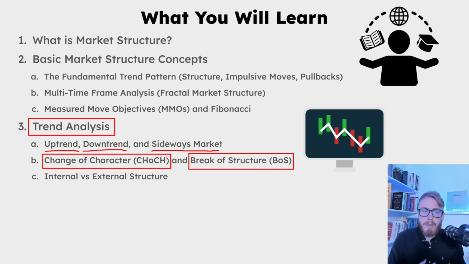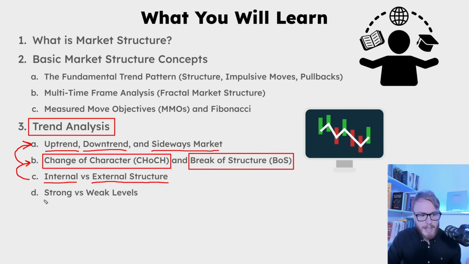And after we have learned about the change of character and break of structure, it's time to take a look at something called internal and external structure. This chapter is related to the previous chapter, which in turn is related to the first chapter here. So I once again want to emphasize that I highly recommend watching the chapters here in order.